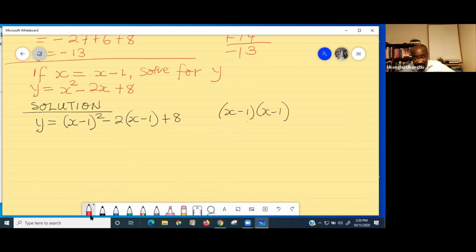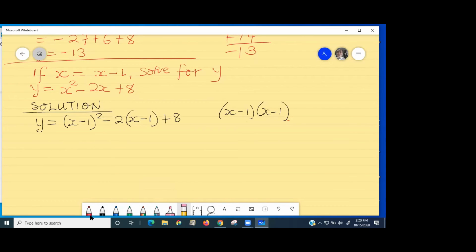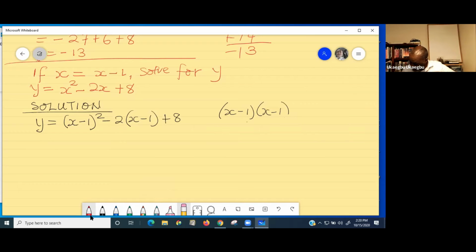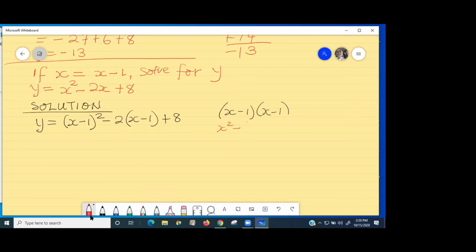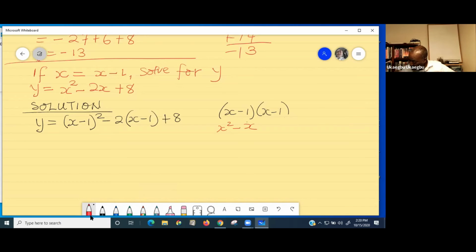So now let's use the distributive property, the one we are sure of. We are going to have x times x is x squared. That one is settled. Then x times -1 is going to be negative x. Then negative x from -1 times x is negative x as well.